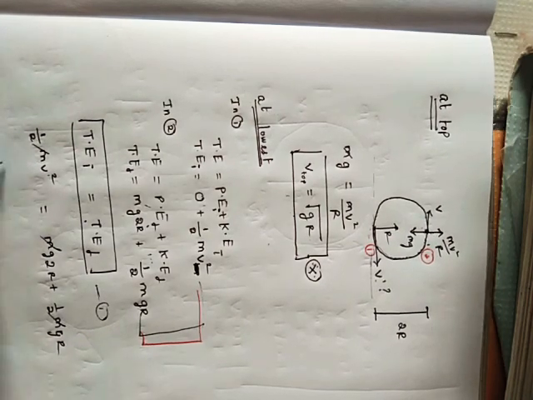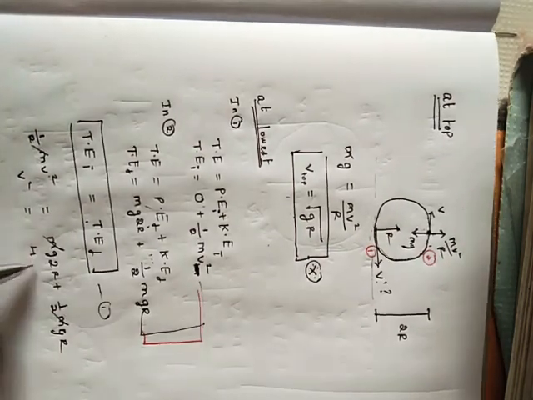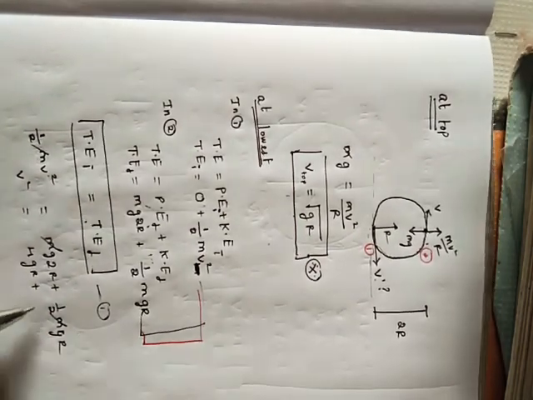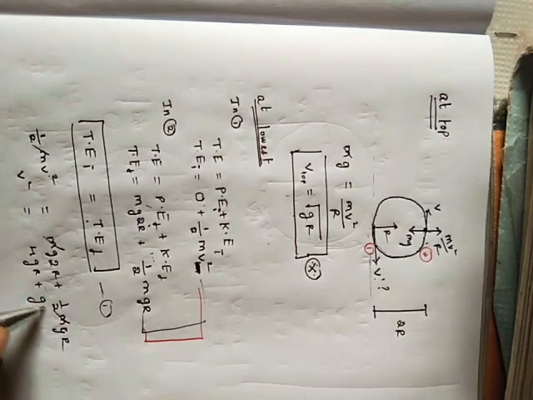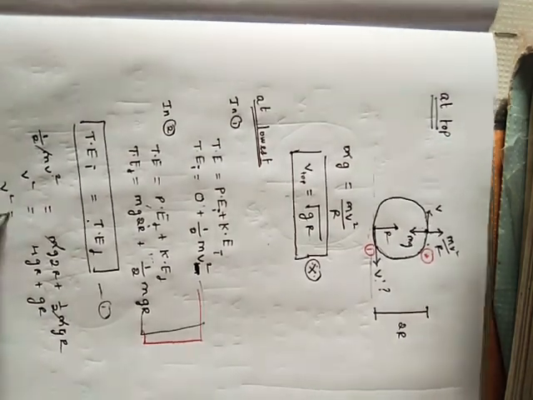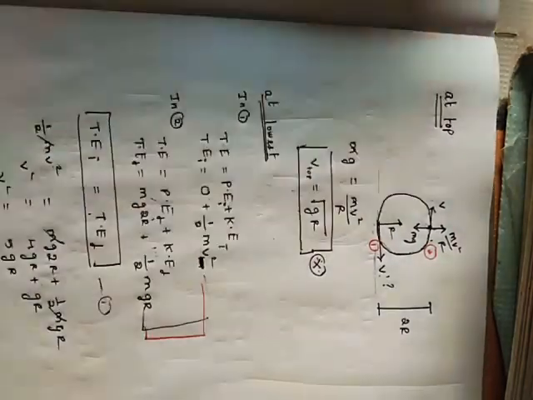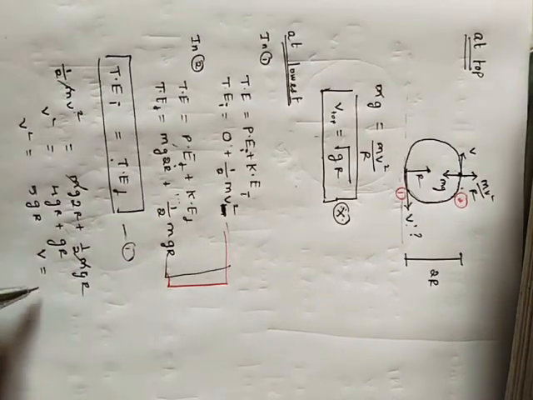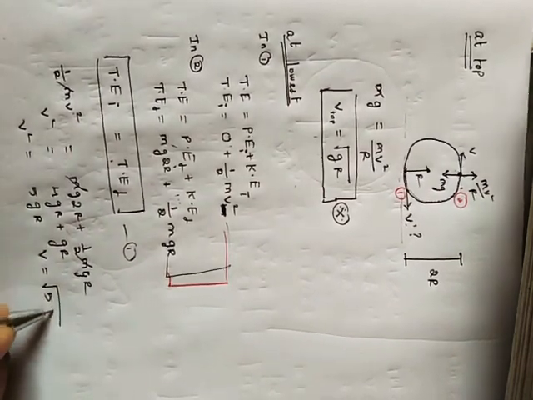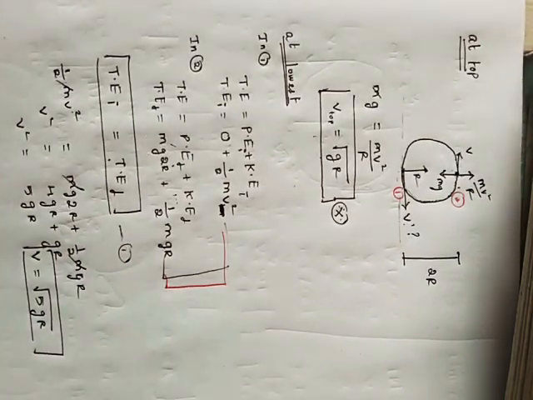I am just moving this half to that side, then v square equals 4gr plus gr. Then v square equals 5gr and v equals root 5gr. This is the most important thing.